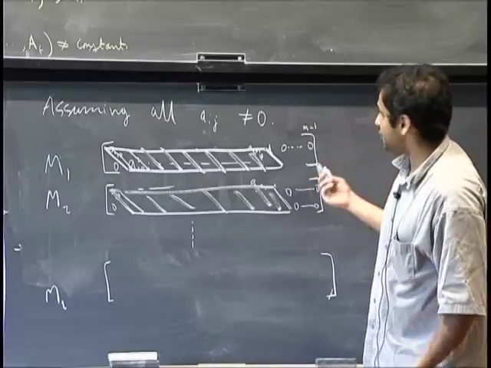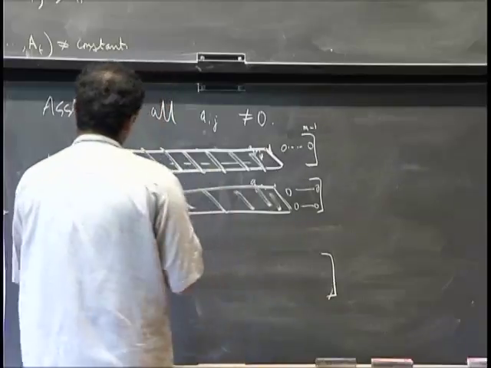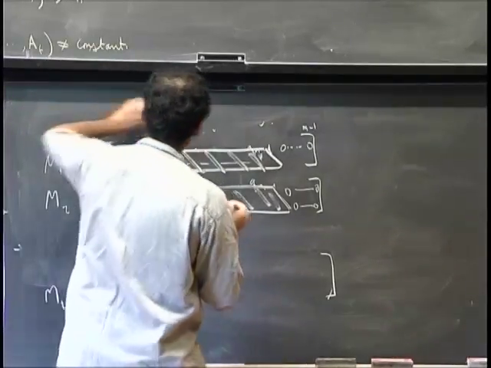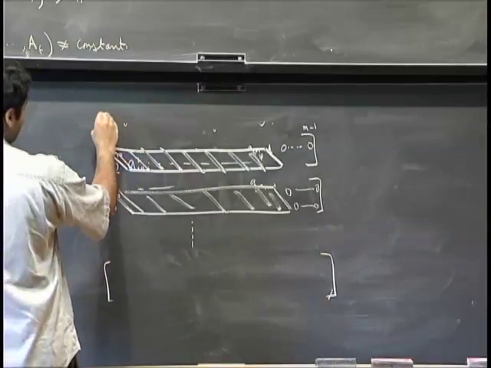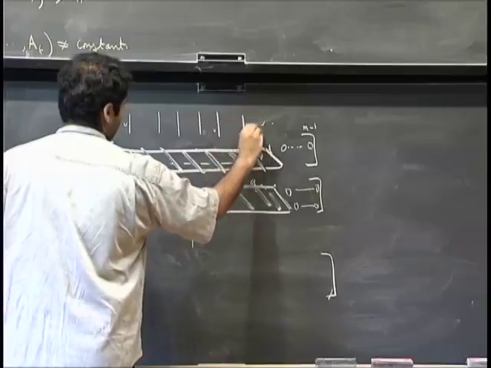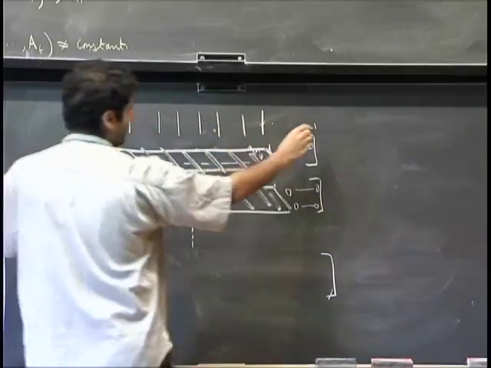Okay, good. So let me show you what B1 is. So the assumption is still there. First, I'll pick evenly spaced points from 0 up to m minus 1.